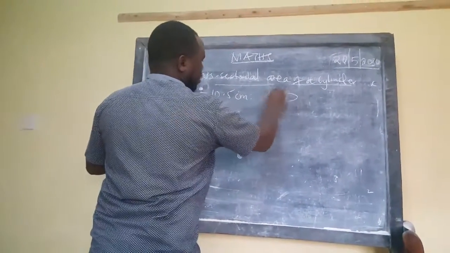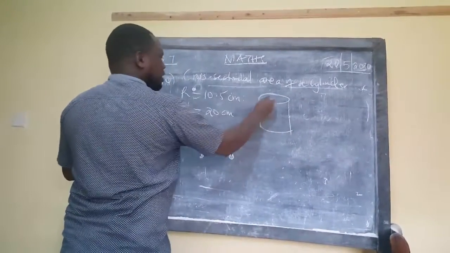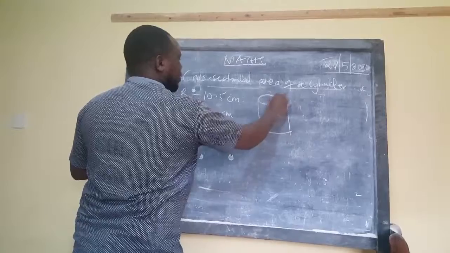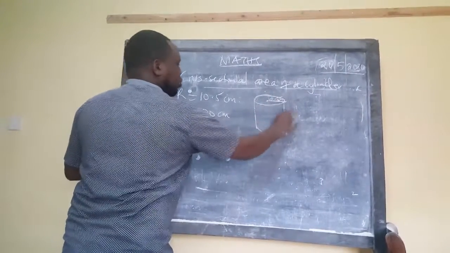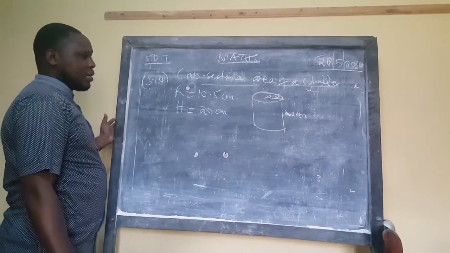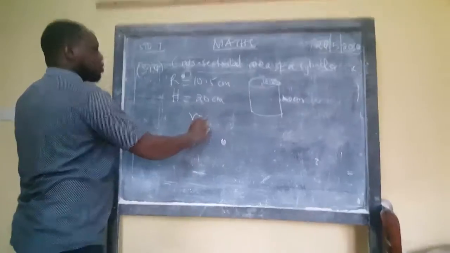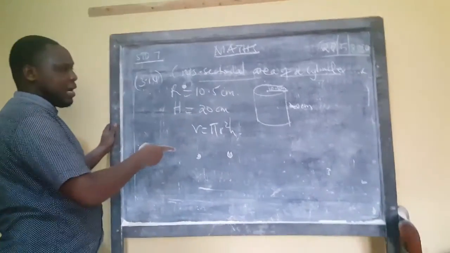You draw here. That radius is 10.5, and the height is 20 centimeters. Can we be able to get the volume? Yes. Volume is equal to pi r squared h. That's where you begin from, learner.